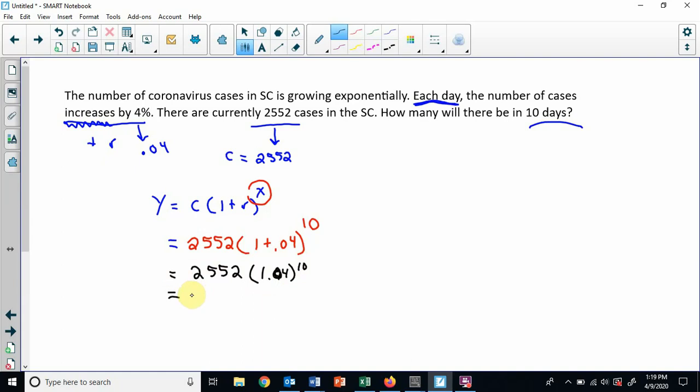It comes out to, so in 10 days, there'll be 3,777.58 cases of coronavirus. Now, there's a little something wrong with that. Can you have 0.58 of a person? No, so we need to round this or approximate this to 3,778 cases of coronavirus.